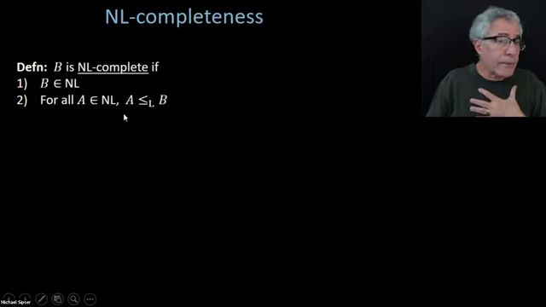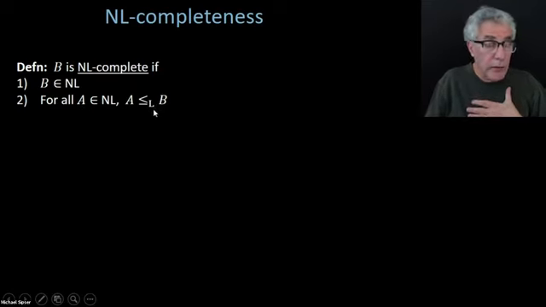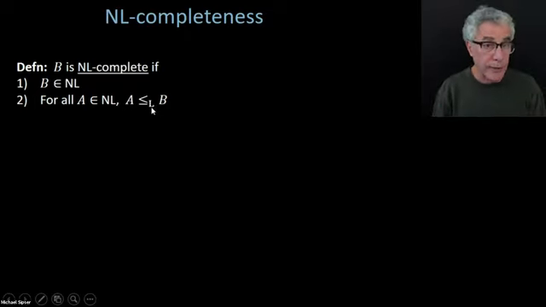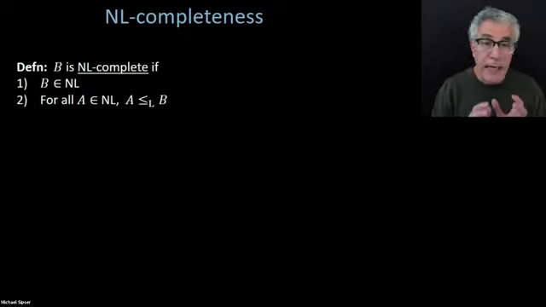So it's a very similar looking definition to what we had before. It's NL complete if it's in NL, and then all other languages in NL should be reducible. But now we have a new notion here with an L instead of a P. Now, before, when we talked about NP completeness, we had polynomial time reducibility. That's not going to work anymore.